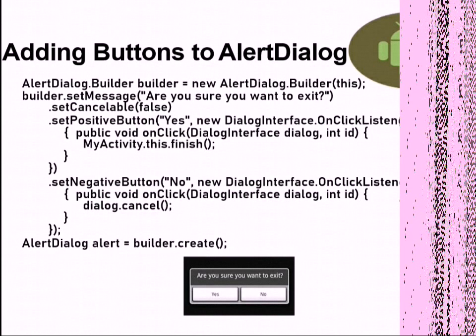Similarly, there is set negative button, inside which you give the negative message, like no in this case, and you also call the instance of the dialog interface on-click listener, and inside the on-click method give the action that has to be performed. Once you have figured out all the dialog properties, you create the builder and call show, which will complete this alert dialog.